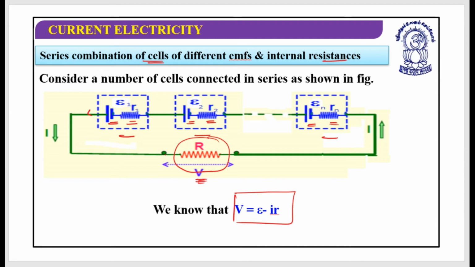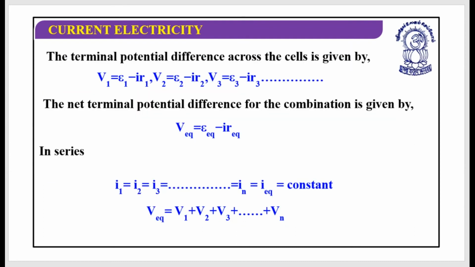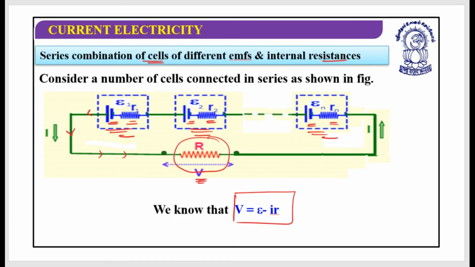Now I know that V equals E minus IR, because this is the case where we are getting energy from this grouping of the cells. So these cells are being discharged, and that's why V equals E minus IR. The terminal potential difference across every cell, let's suppose I write V1, V2, Vn.